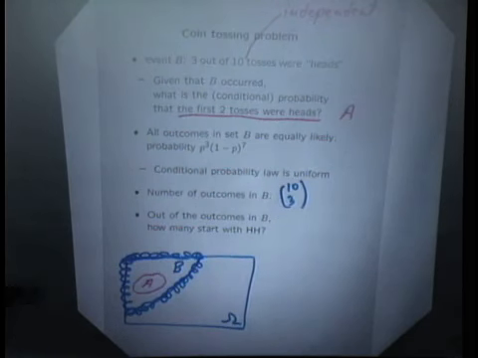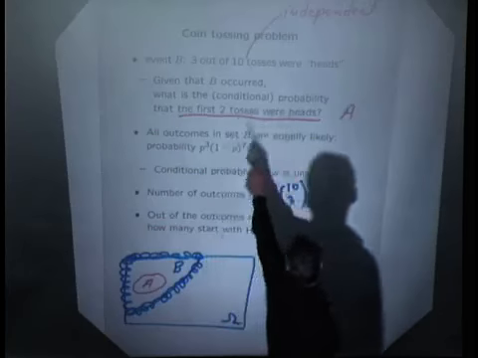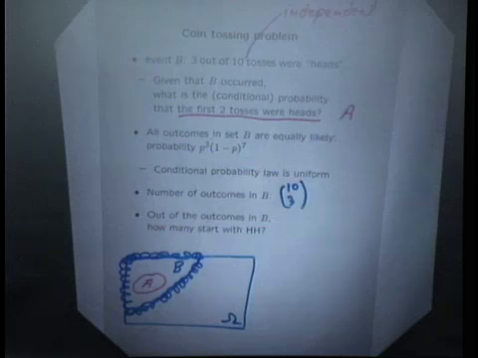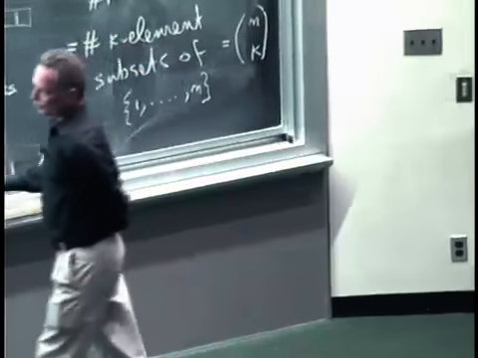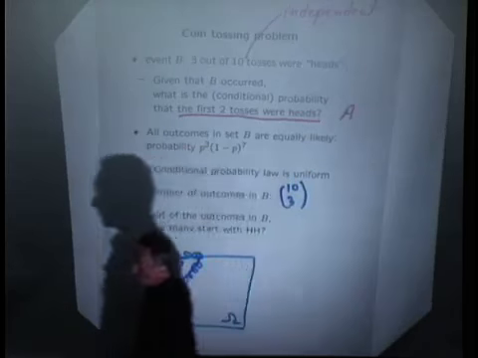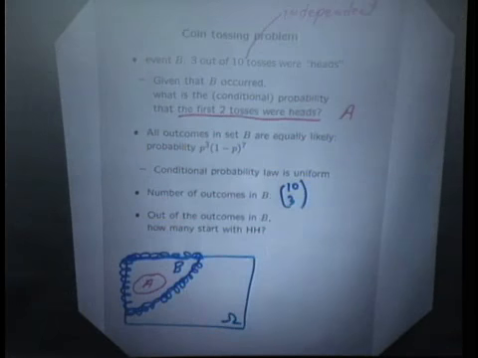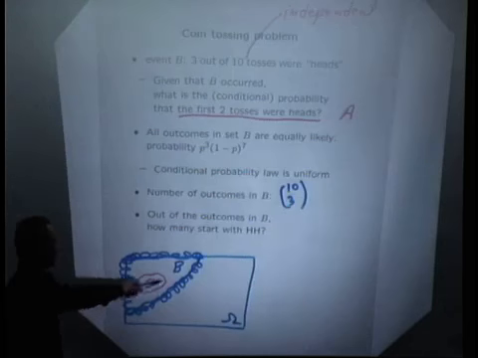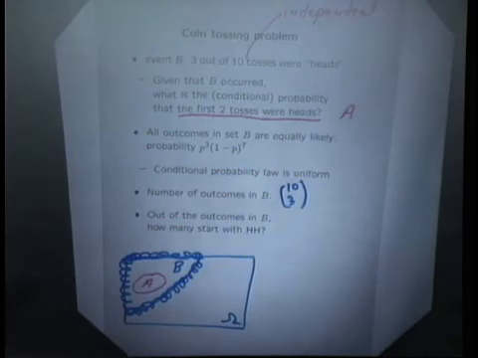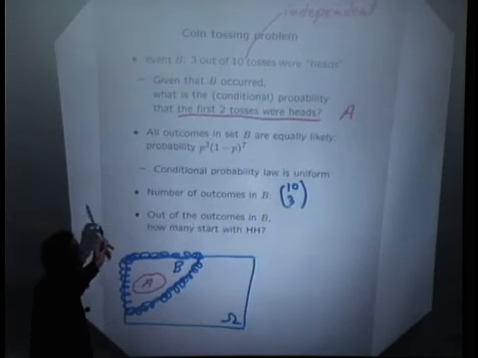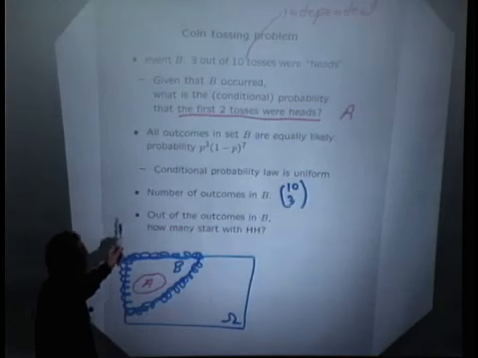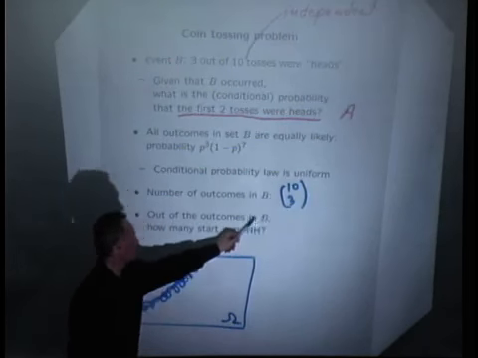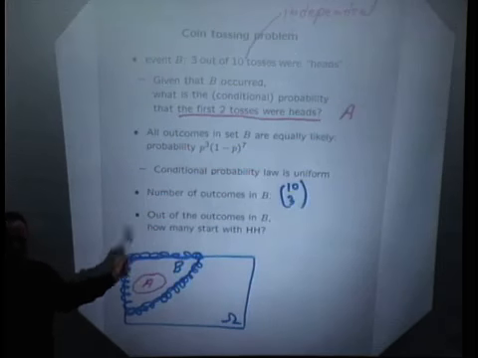Now let's look at the event A. The event A is that the first 2 tosses were heads, but we're living now inside this universe B. Given that B occurred, how many elements does A have in there? In how many ways can A happen inside the B universe? If you're told that the first 2 were heads, so out of the outcomes in B that have 3 heads, how many start with heads?